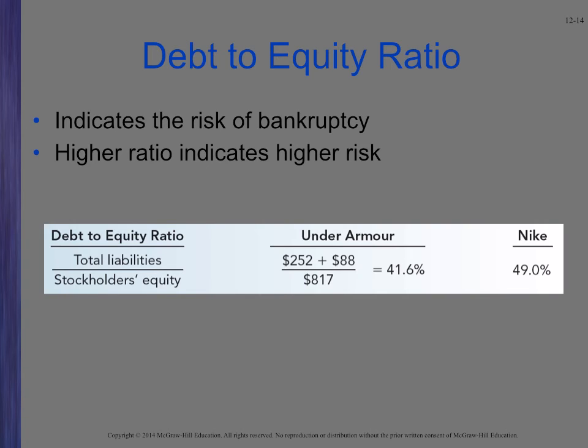Other things being equal, the higher the debt to equity ratio, the higher the risk of bankruptcy, meaning that the firm is going out of business, that the firm is going to be insolvent. Debt holders have the ability to force a company into bankruptcy for failing to pay interest or repay the debt in a timely manner.